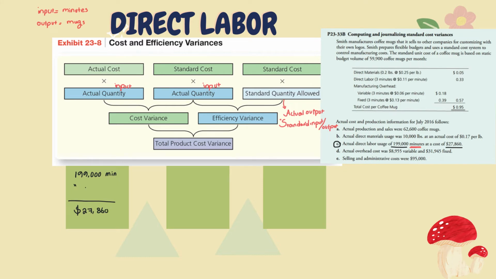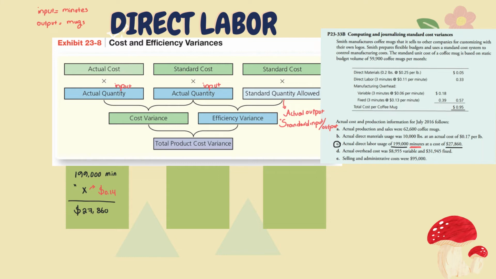So if you multiply the number of minutes with X, you're gonna get 27,860. We don't need to find X, but if you want to find X, you need to divide 27,860 by the number of minutes, which is 199,000. And you're gonna get the actual cost per minute. I don't need it here, but I can find it for you. It's gonna be 14 cents per minute.